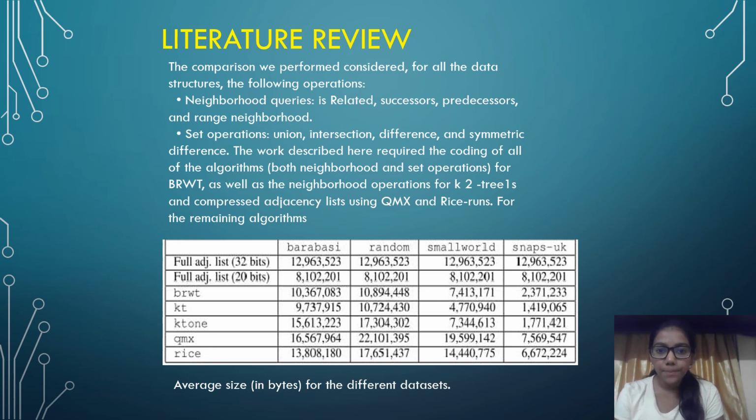The work described here required the coding of all the algorithms, both neighborhood and set operations for BRWT as well as neighborhood operations for K2 tree, and compressed adjacency list using QMX and RICE runs for the remaining algorithms. The following table represents the average size in bytes for the different data sets.